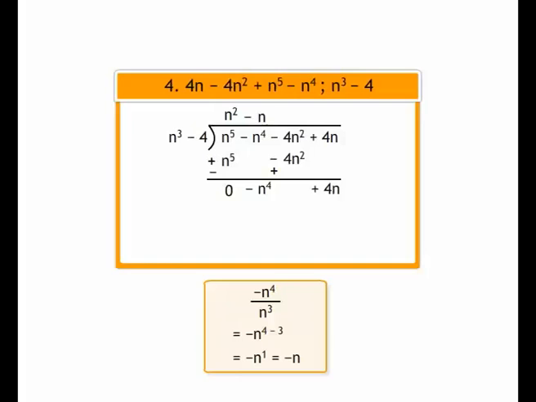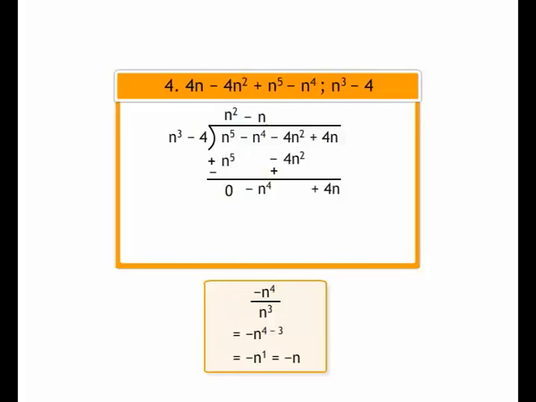Then we will multiply the quotient, that is minus n, with the divisor, that is n raised to 3 minus 4. As minus n multiplied by n cube minus 4 is equal to minus n raised to 4 plus 4n, we will now write this product exactly below that part of the dividend whose polynomial bears the same index.